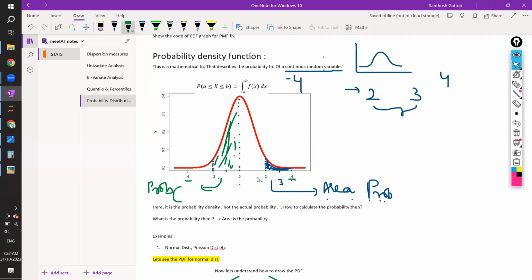But what I'm telling is the area will help you find the probability. So if this area is, let's say, 0.6, then 0.6 is the probability for this random variable to fall between -2 and 0.